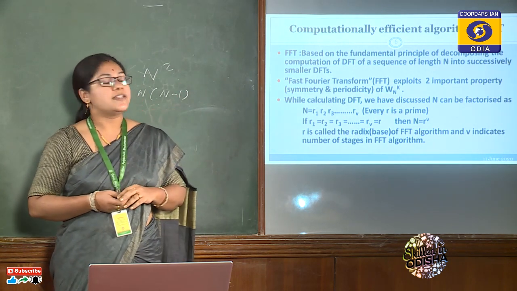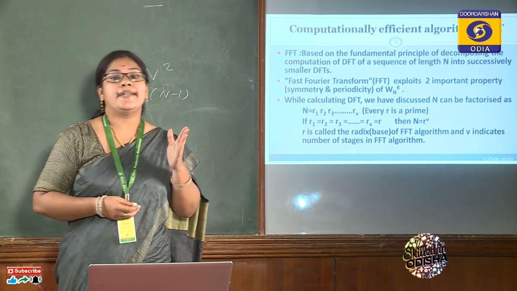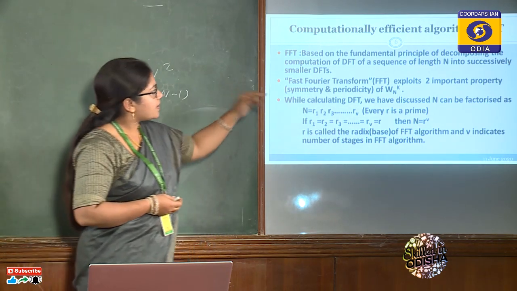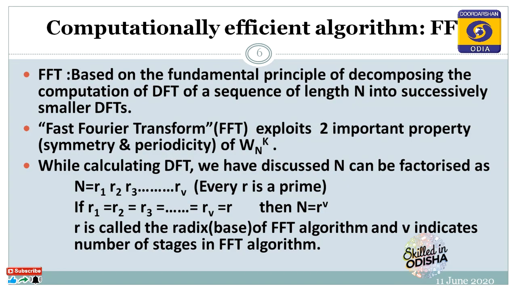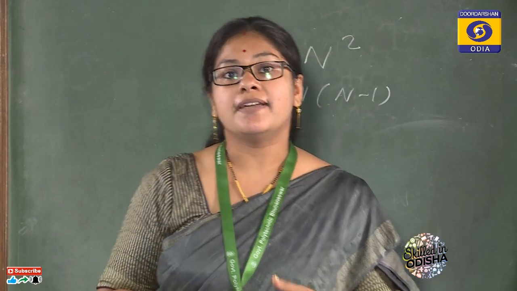What is the base of this? The base of this FFT algorithm is that we decompose the entire sequence into a number of subsequences, based on the fundamental principle of decomposing the computation of the DFT of a sequence of length N into successively smaller DFTs. In simple words, it is divide and conquer.